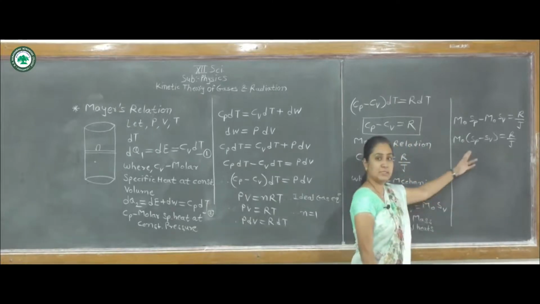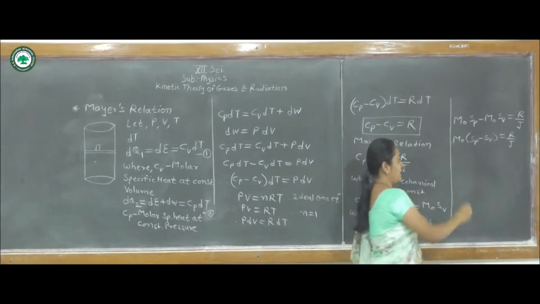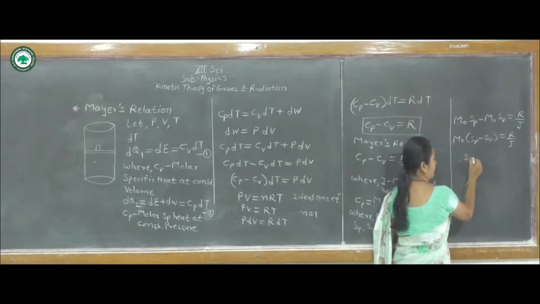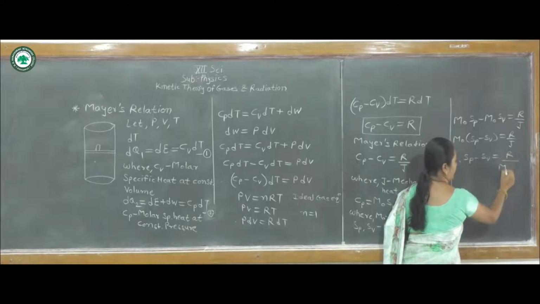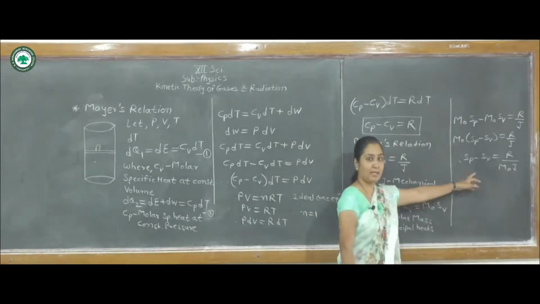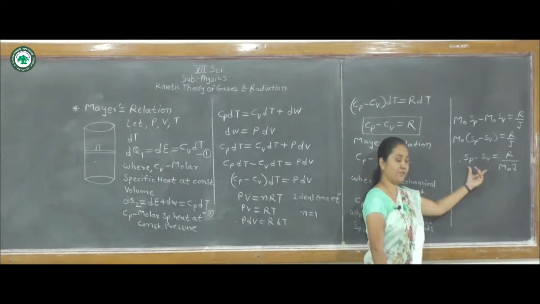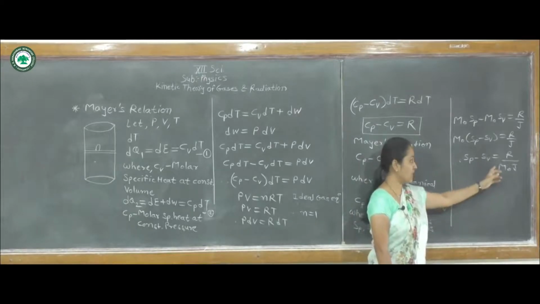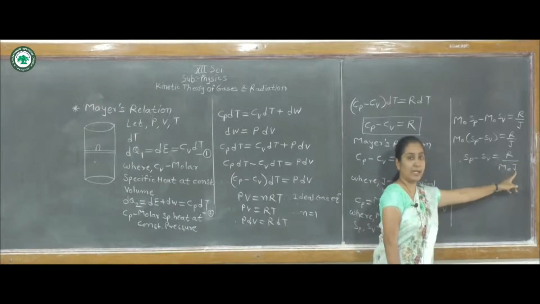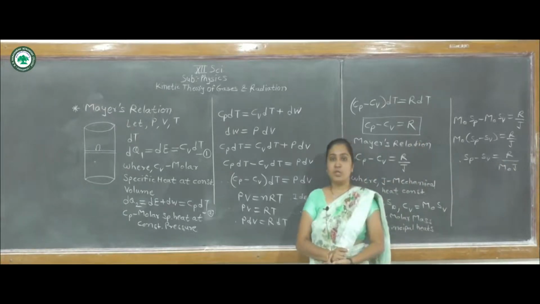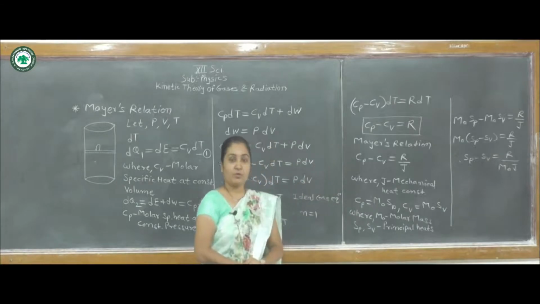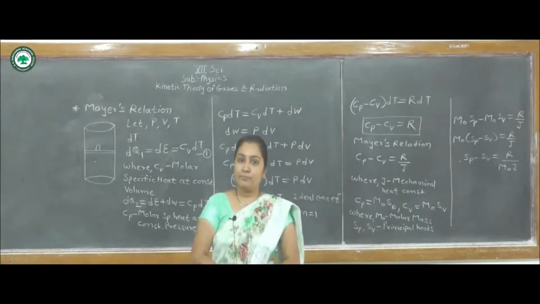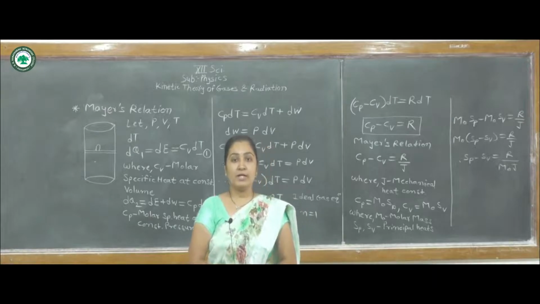So now the same equation can be written as Sp minus Sv, that is the difference between the principal heats, equal to R upon m0 J. So now we can use this Mayer's relation to find out the values for different gases.